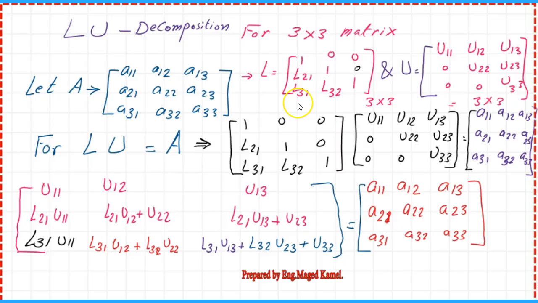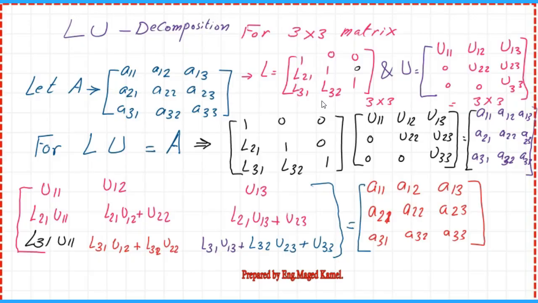If we move to the third row of the lower matrix, we have L31 multiplied by row 1 and added to row 3. So we have L31 U11 plus 0 here. L31 multiplied by 0 is 0, so nothing is added.